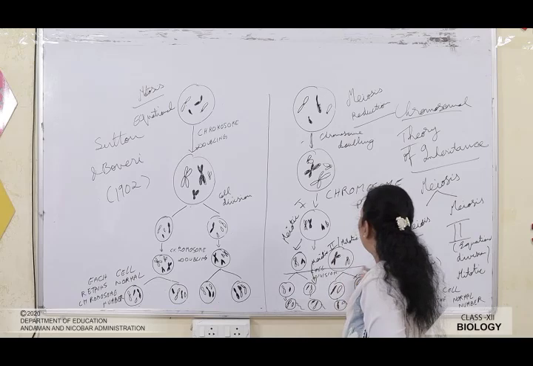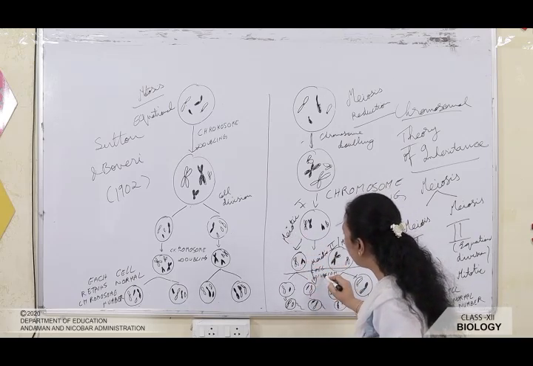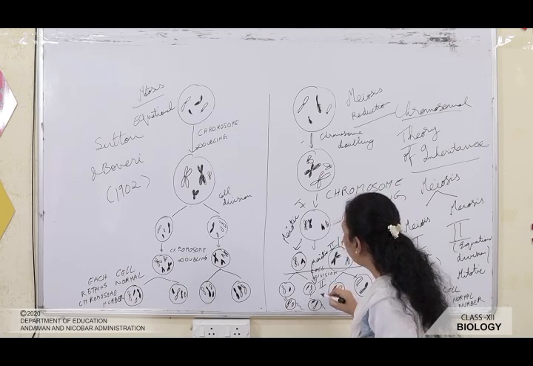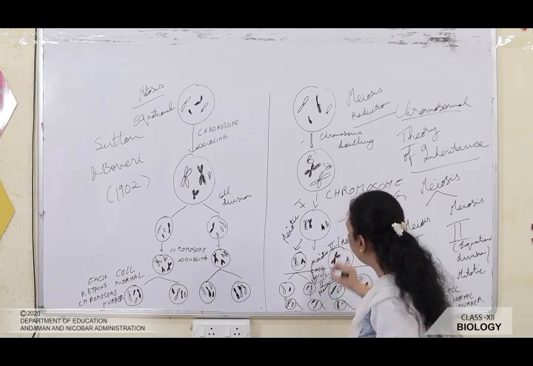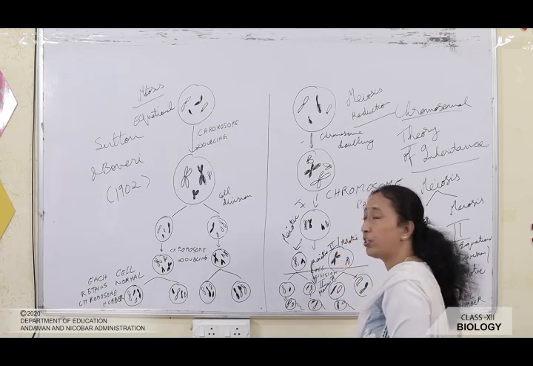Till this part it is meiosis 1. After this part, that is cell division 2, that is meiosis 2. I put the arrow here just for no confusion.